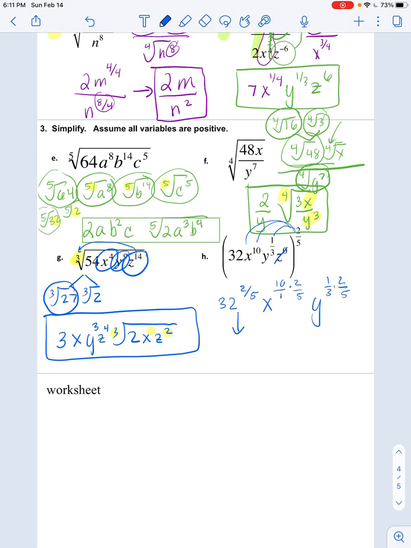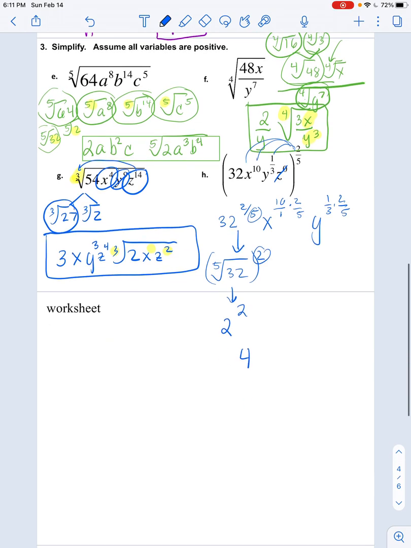So here we learned last week that this would be, because this is root on the bottom, the 5th root of 32 squared. When I go to my chart, the 5th root of 32 is 2. 2 squared. The number part of this is going to end up being a 4.